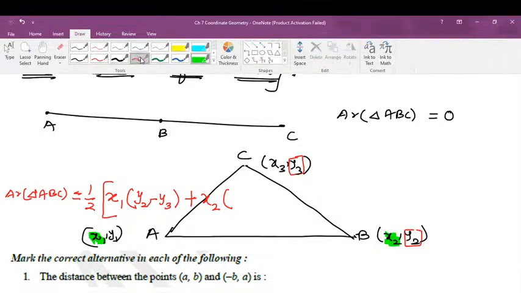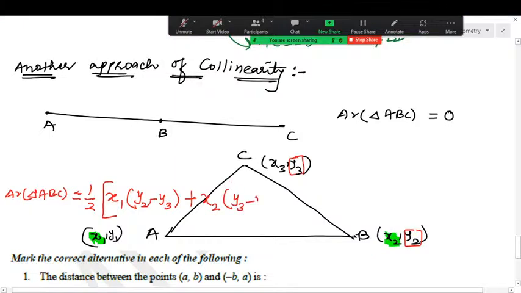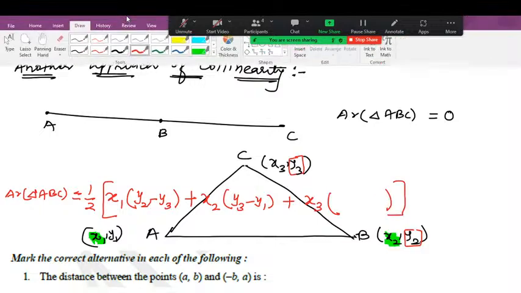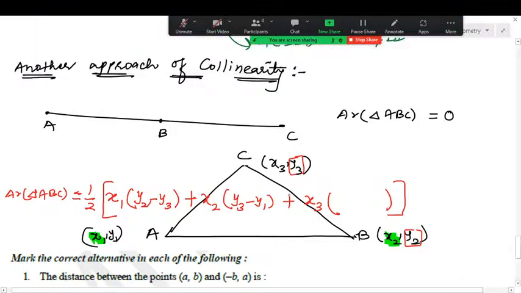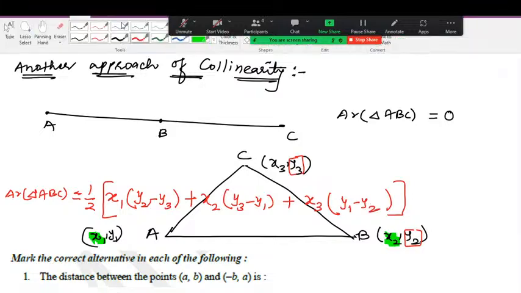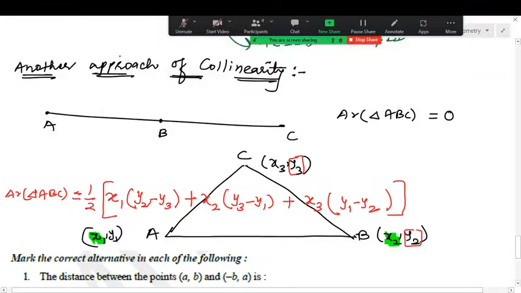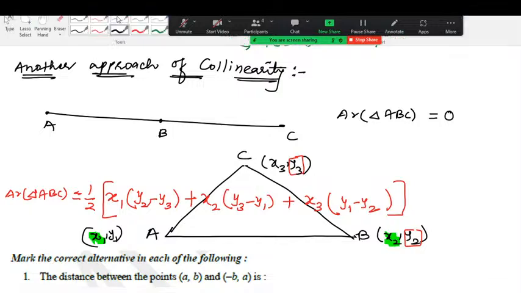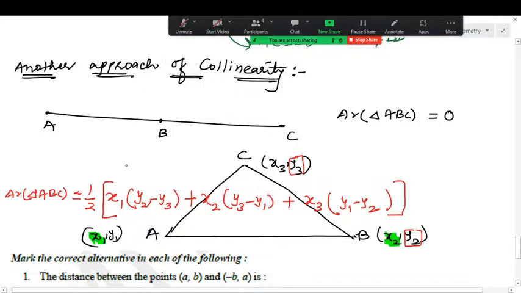Is it okay for you? Similarly, you can consider the third, x3, and you can subtract the y coordinates respectively, y1 minus y2. In this way, we have obtained this area.